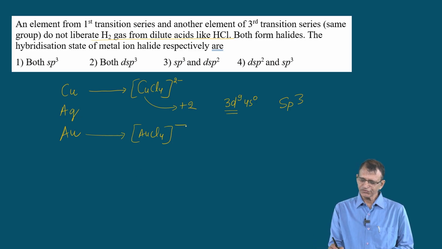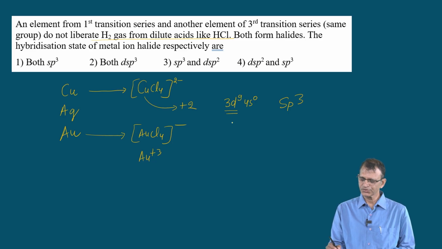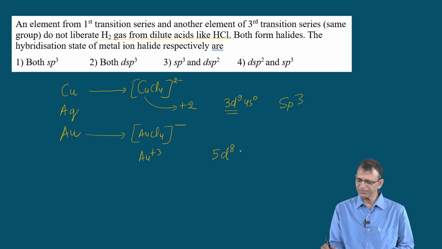Coming to AuCl4 minus, gold is present in +3 oxidation state. So the electronic configuration of gold in +3 is 5d8 6s0, and since it is a 5d series element, we can say that the crystal field splitting energy is greater than the mean pairing energy.